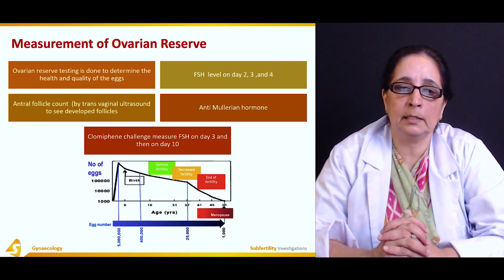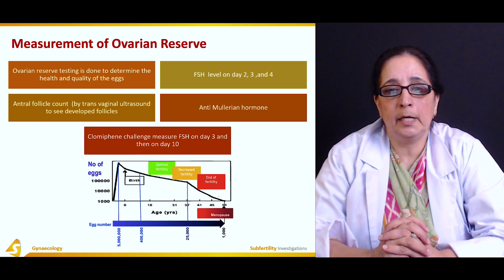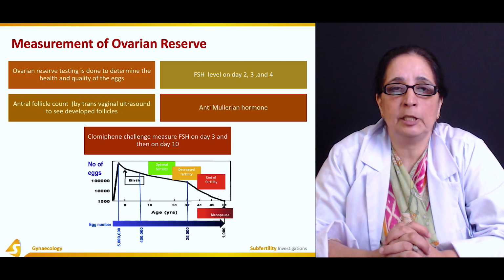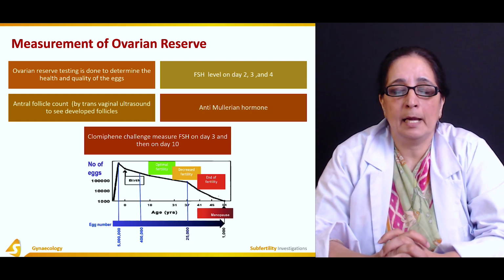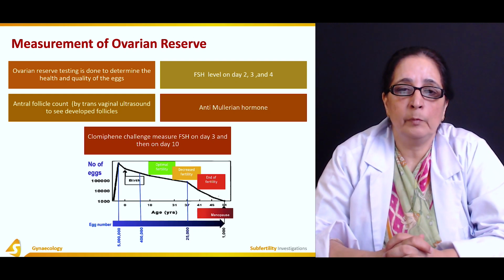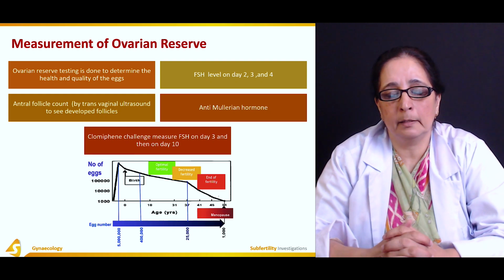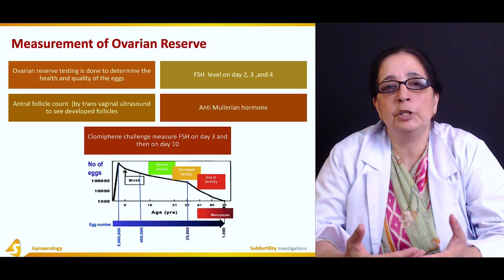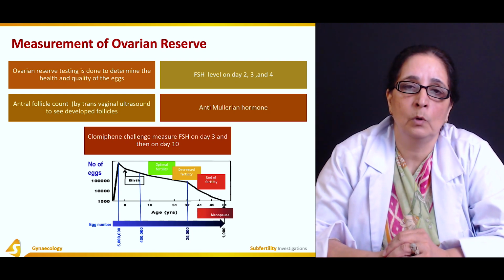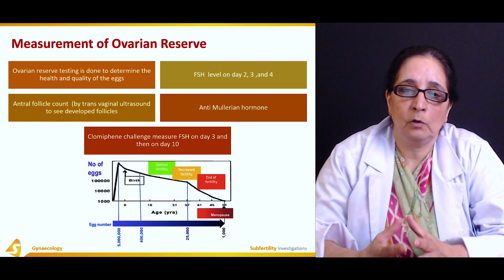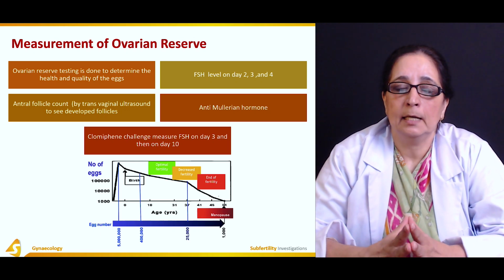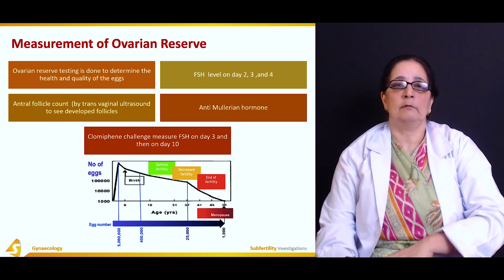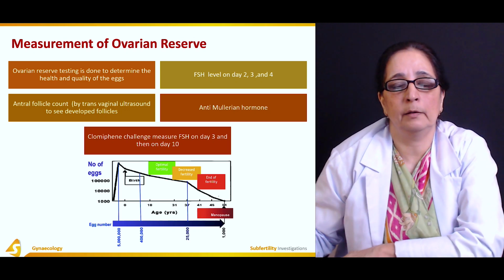And the other test to find out the ovarian reserve is the clomiphene challenge, which measures FSH level on day 3 and then on day 10. Clomiphene are the tablets used for the stimulation of the ovaries to produce ova. So the clomiphene challenge test is also important to find out if there is good reserve of the ovary or not.